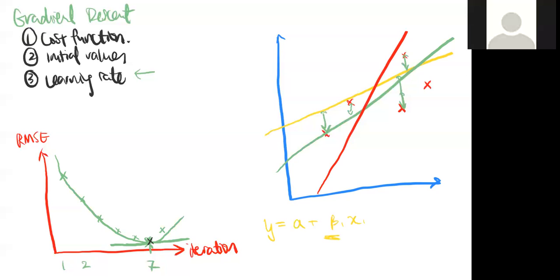How does it know where the y-intercept is to start? Yeah, so to start, you would set some initial values. I believe in linear regression, it sets it at 0, 0. So literally your very first line is going to be flat across down here.